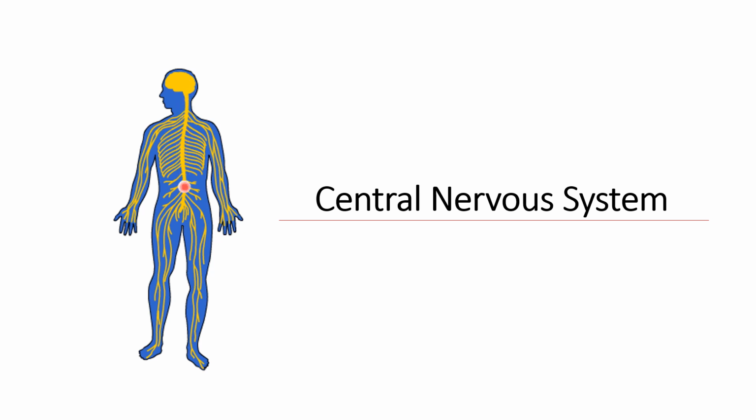Complex functions such as thinking and feeling, as well as regulation of homeostasis, are attributable to different parts of the brain. The spinal cord, on the other hand, serves as a conduit for signals between the brain and the rest of the body. It also controls simple musculoskeletal reflexes without input from the brain.